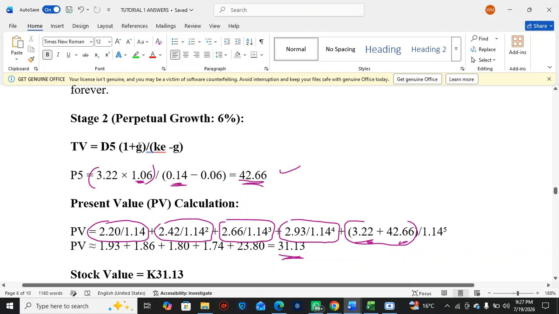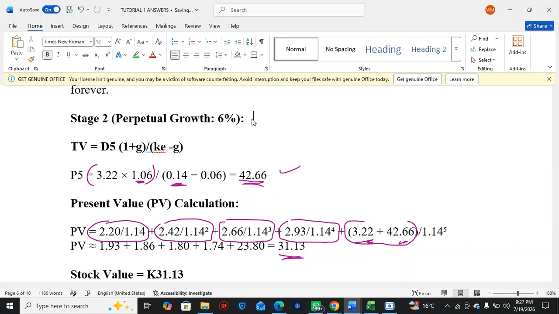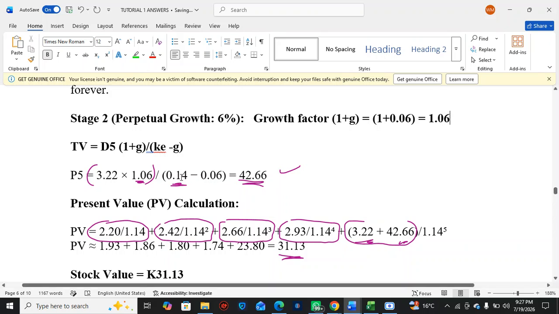So remember, the dividend for year five was 3.22. When the growth rate becomes 6%, the growth factor 1 plus G equals 1 plus 0.06. That gives us 1.06. So this 1 plus G is 1.06, the growth factor.